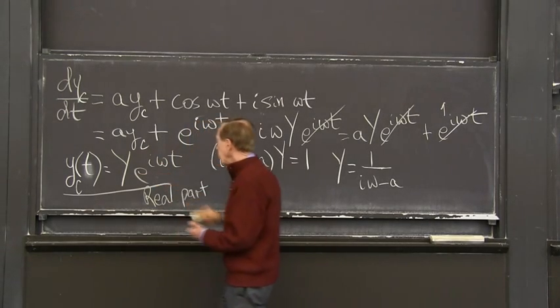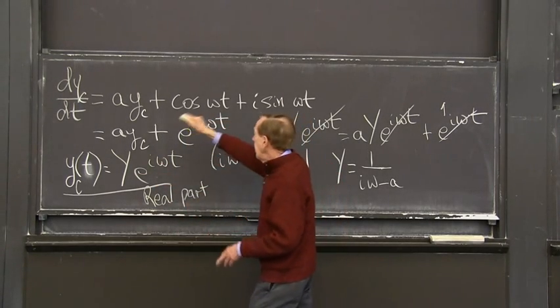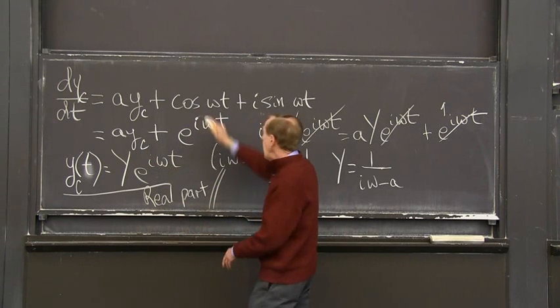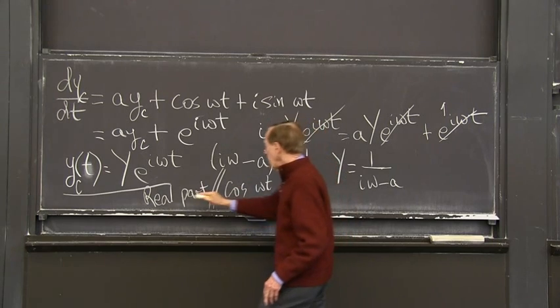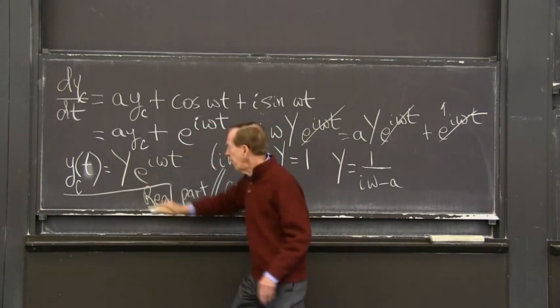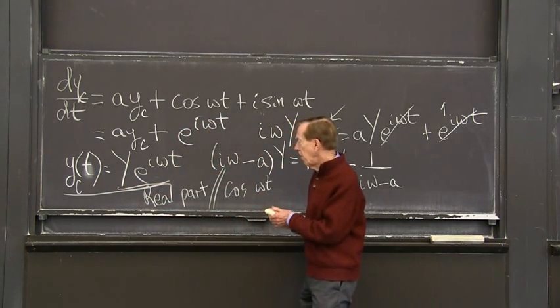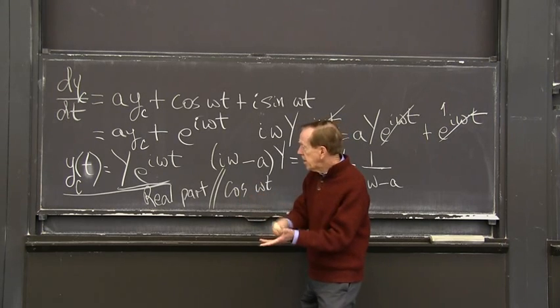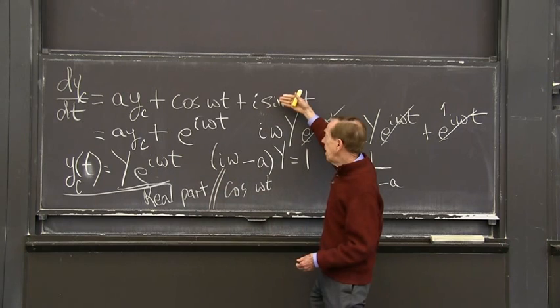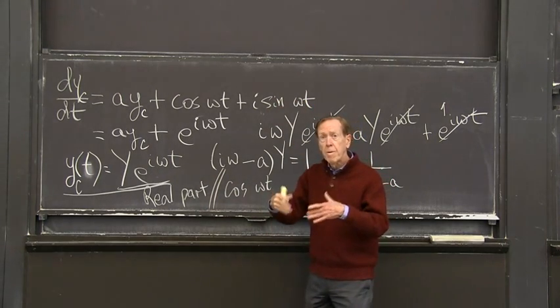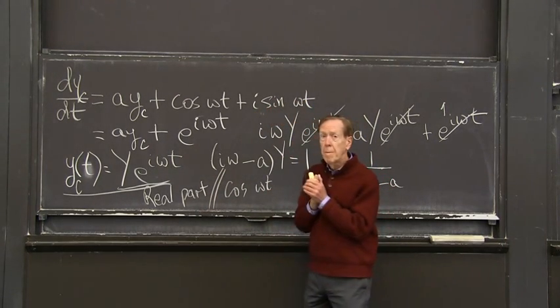of this complex solution. It will be the result matching the cosine. That's the real part of this expression, which I now know. And the imaginary part of this same expression will give me the sine, the response to the sine term.